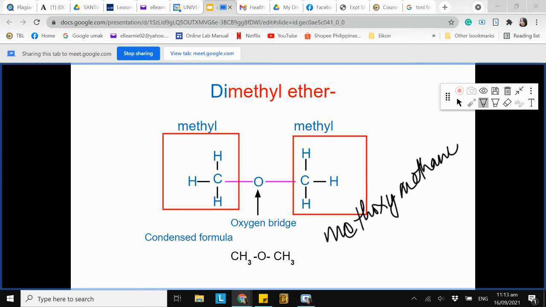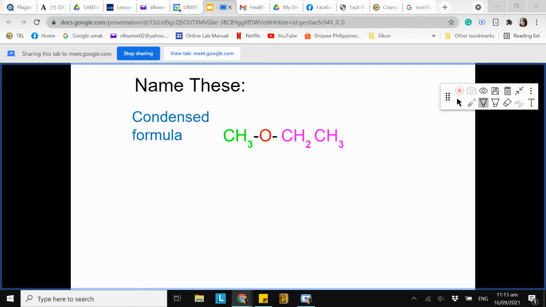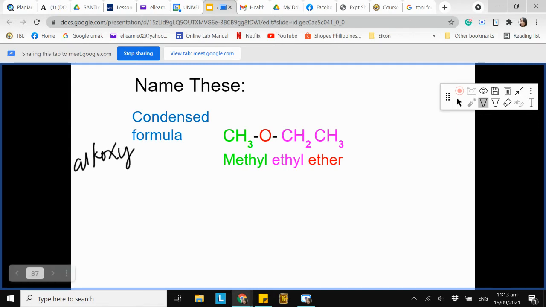So, that is for this kind of compound. Here, you have methyl ethyl ether. So, what would be the IUPAC name for this one? Anyone else who'd like to try? So, kanina, di ba, yung formula is alkoxyalkane. Yung alkoxy, usually yung smaller, and then alkane, yung parent.